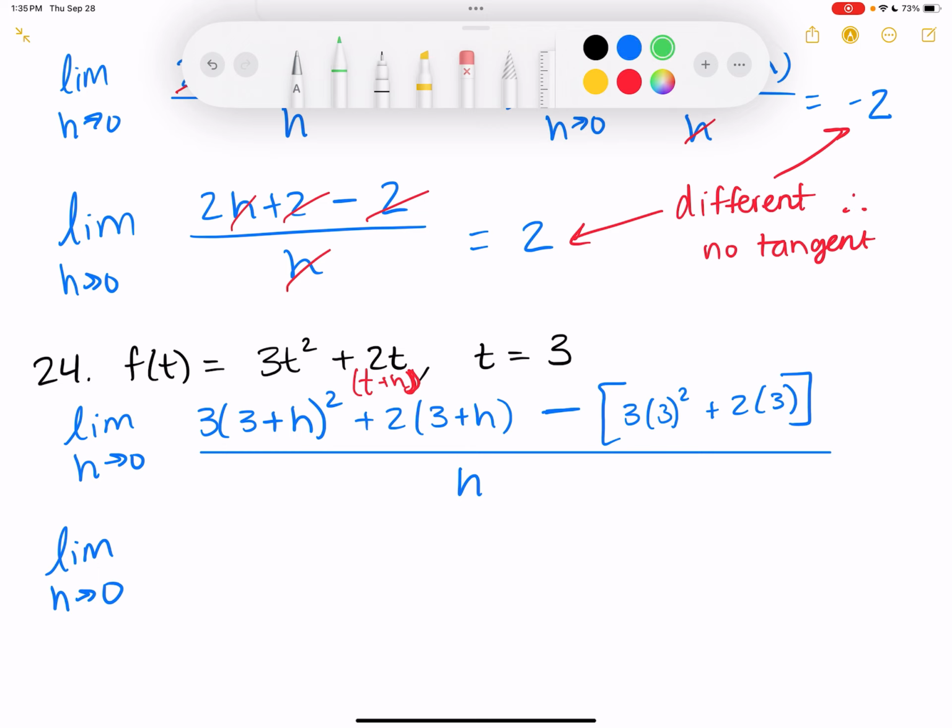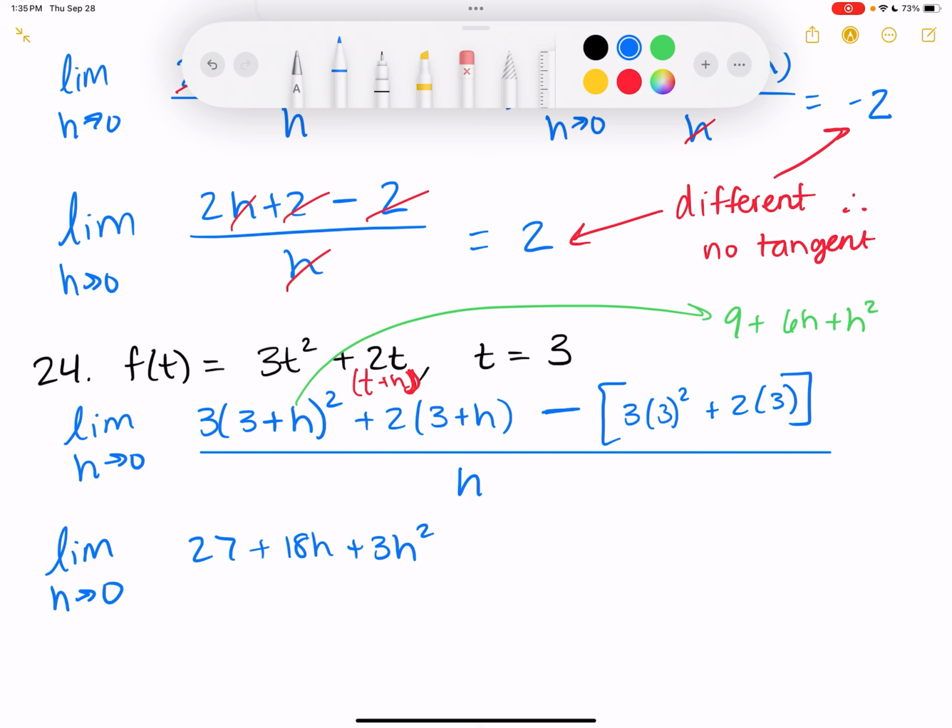Like in this case, I'm going to do this for this (3 plus h) squared. (3 plus h) squared would be what? 9 minus 6h plus h squared. So I'm going to do that there just for reference, and then I'm going to multiply it by 3 as I write it down here. So 3 times all of that is 27 plus 18h plus 3h squared.